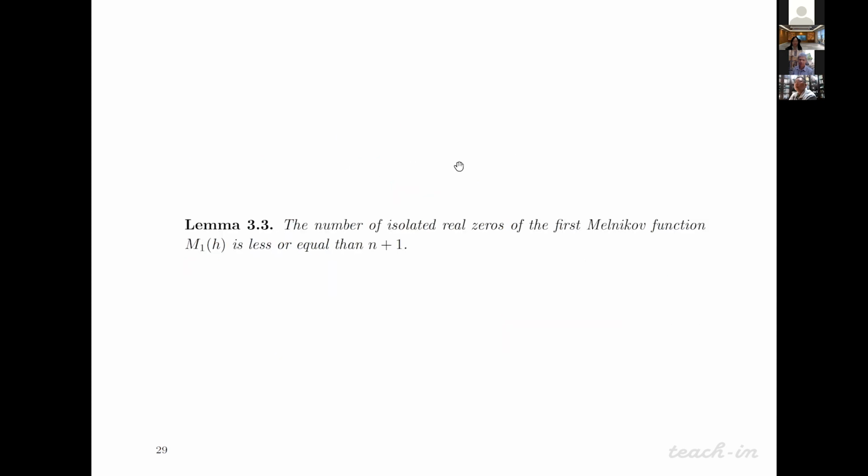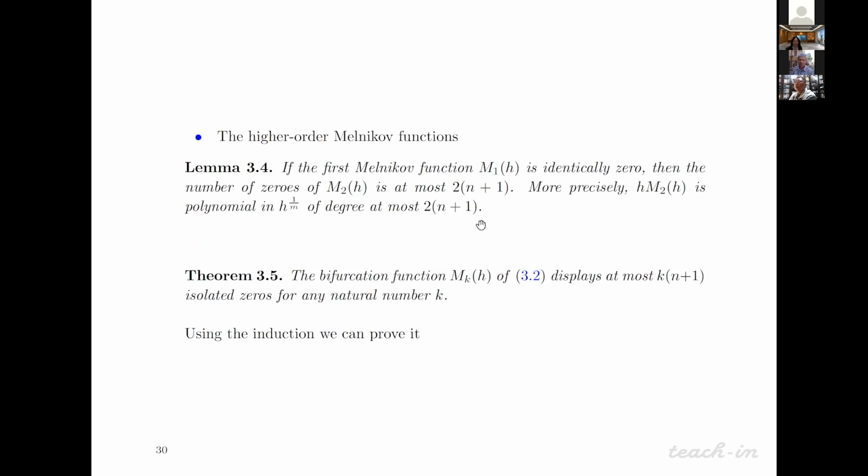Using this, we can say the number of zeros of the first Melnikov function M1(h) is less than or equal to n plus 1. If M1(h) is identically 0, we can calculate the higher order Melnikov function M2(h), whose number of zeros is at most 2 times n plus 1.